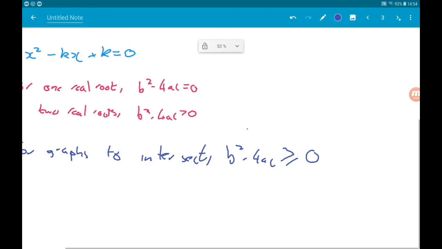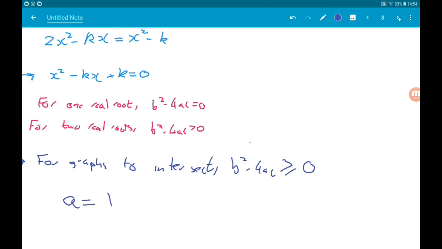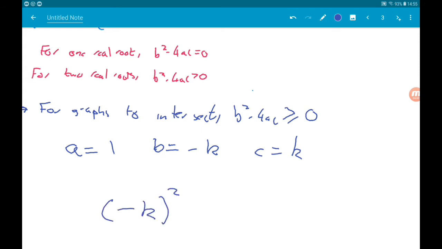Now then, A is 1, B is minus k, and C is positive k. So, minus k squared minus 4 times 1 times k, so minus 4k, is greater than or equal to 0.